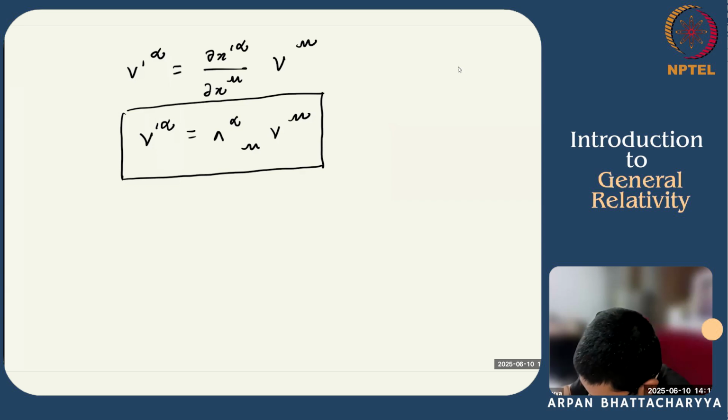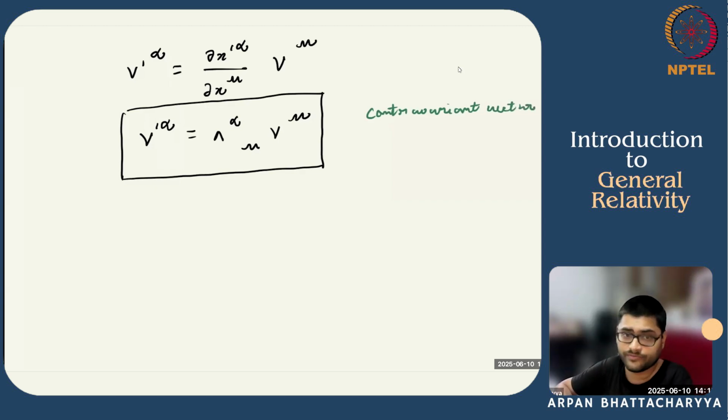In literature, these are sometimes known as contravariant vectors; we will simply call them vectors.